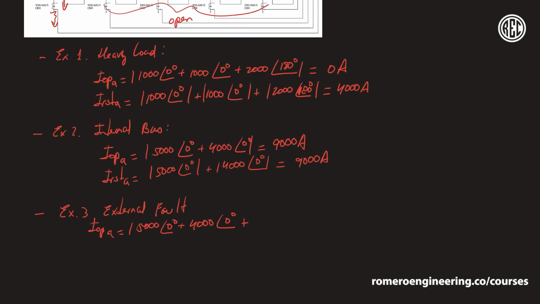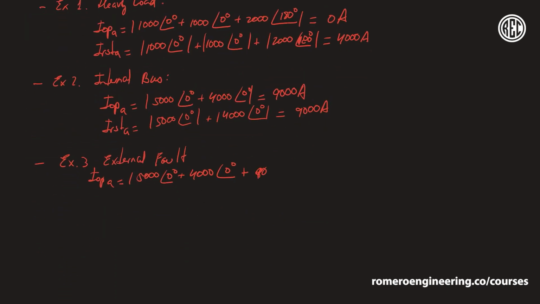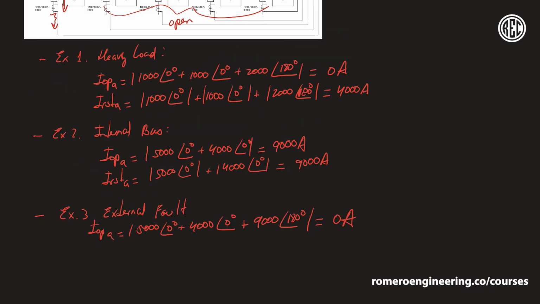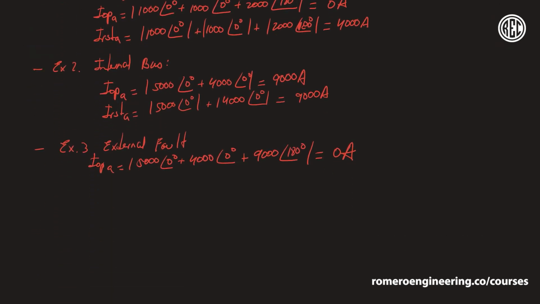So now we need to take that one into consideration as well. And so now if we add all of this together, we get that the differential current, or the operating current, is going to be 0 amps, of course, as we would expect, because this is an external fault, not in the bus.